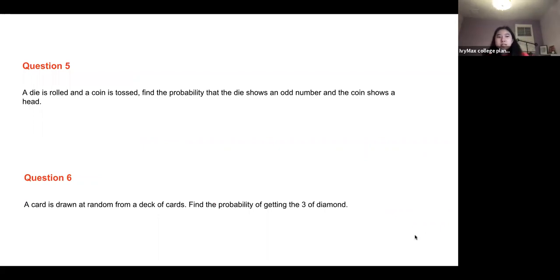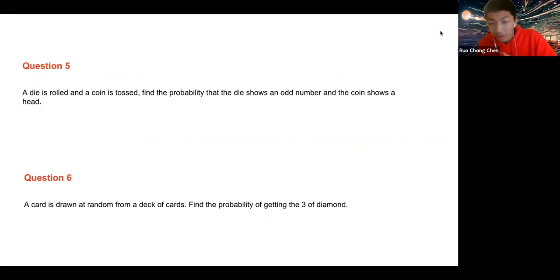Okay, so let's do question 5 together with Roger. This question is asking the probability that the die shows an odd number and the coin shows a head.